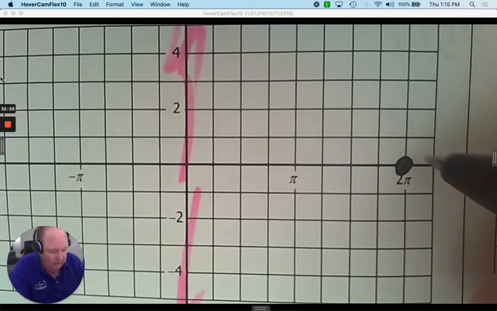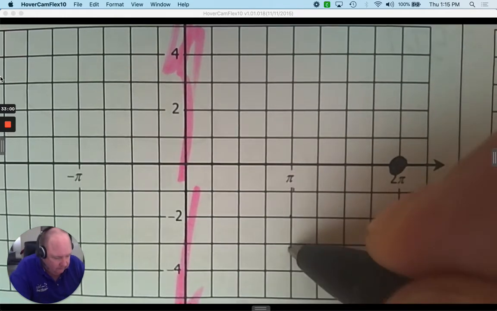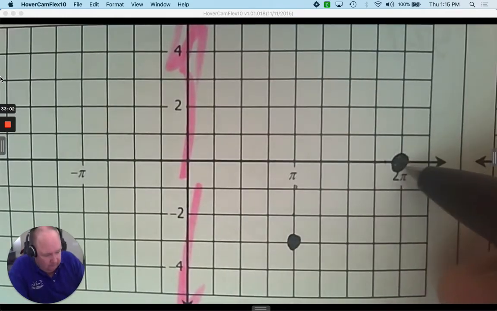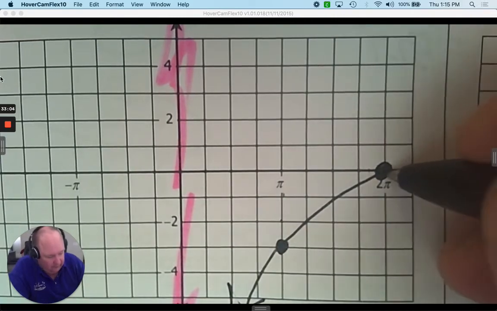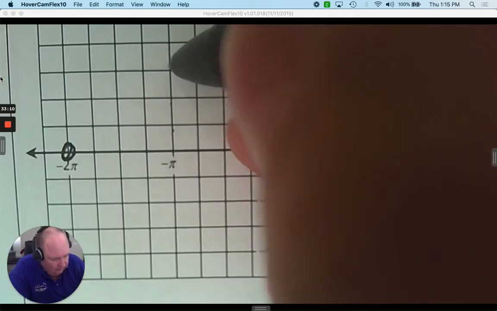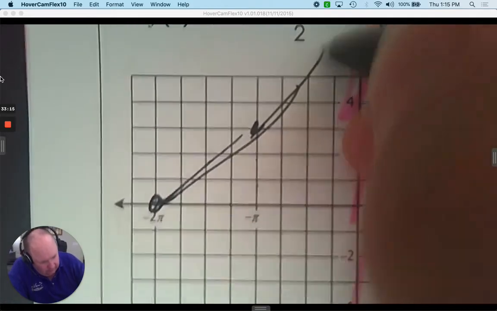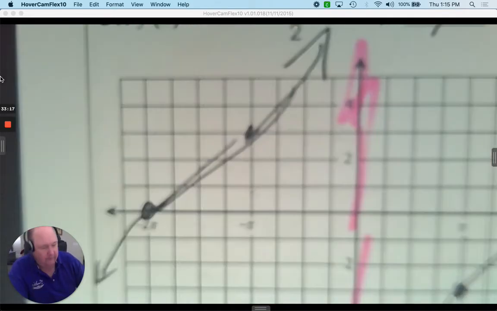So the direction here would be, in between, I would go to -3 because of the reflection, and then it continues that way. And same thing over here. I would go to +3. And there you have it.